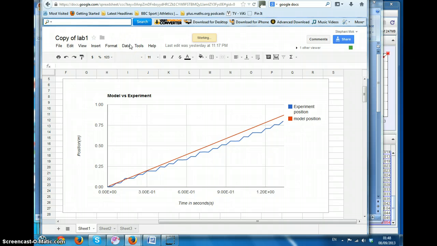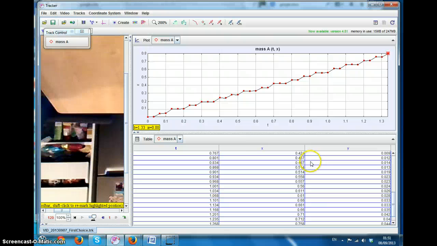In closing, I'd just like to comment on my kinky experimental position graph line. This was due to my data appearing to cluster at certain time points.